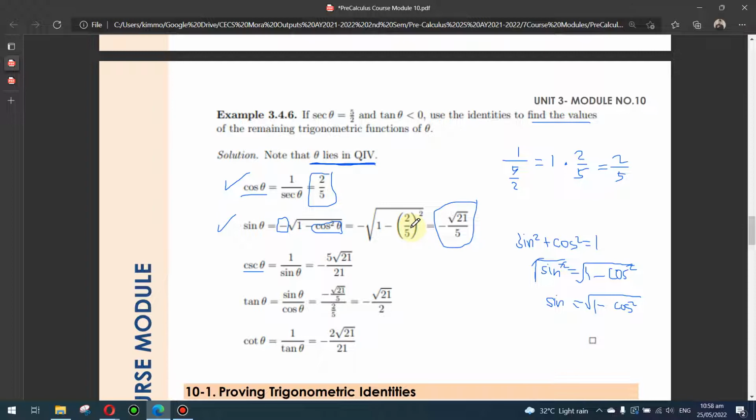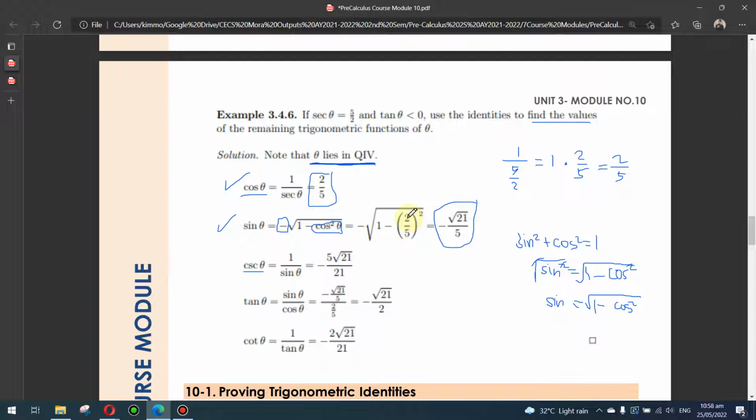Unsa day mong calcu gamit? Parehas man ta, kasyo. I-equal na lang sa quantity 2 over 5 or that is 2 divided by 5. Then close parenthesis, dayon square root. Ay, squared. Square. Answer ana kay 4 over 25.